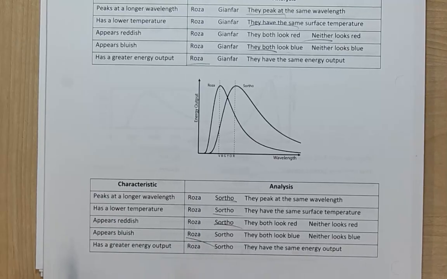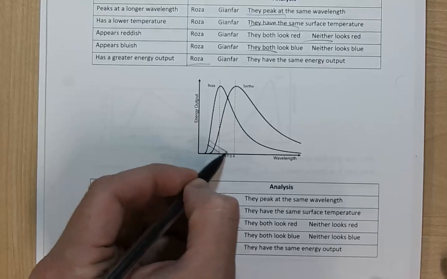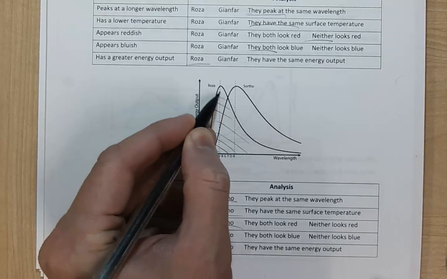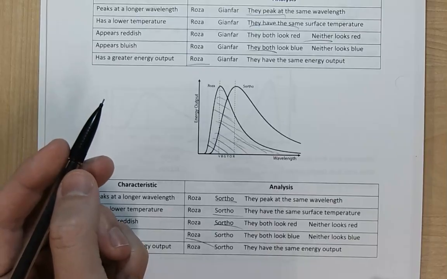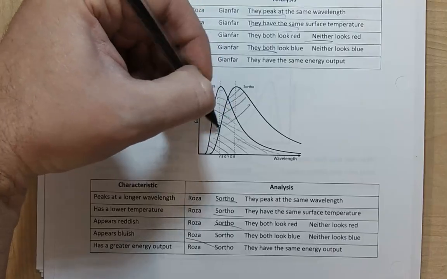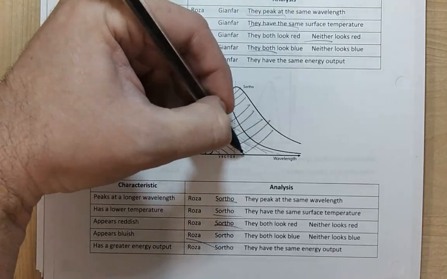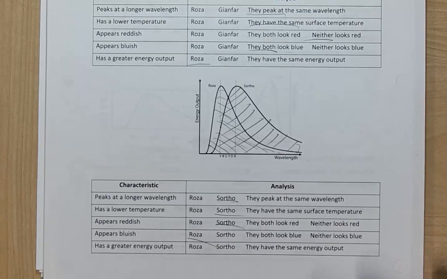Which one has the greater energy output? Well, which star has the greater area under the curve, right? Rosa has this area under the curve. Sortho has this area under the curve. Which one has the greater area under the curve?